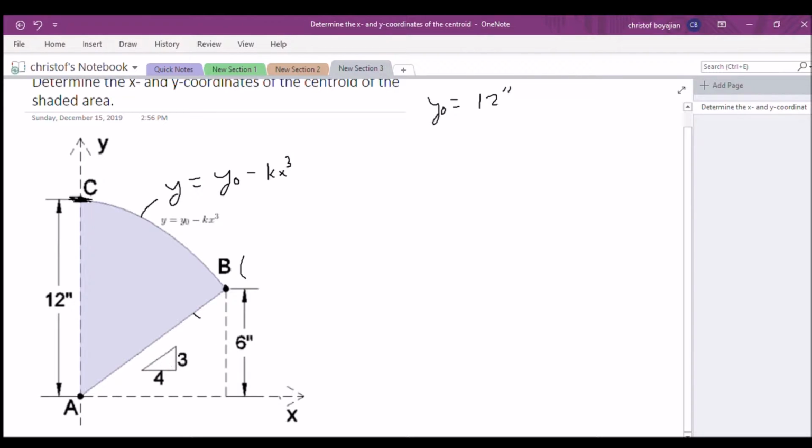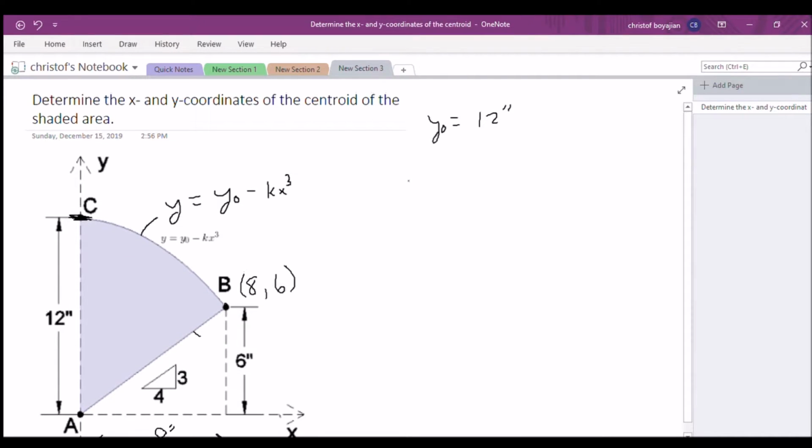So this is a 3-4 triangle. We know that this distance is 6 inches up here in the vertical direction. So we must have multiplied by 2 on this 3 right here, so we need to do the same on the bottom. If we multiply by 2, this distance across here should be 8 inches. Okay. So this coordinate is 8, 6.